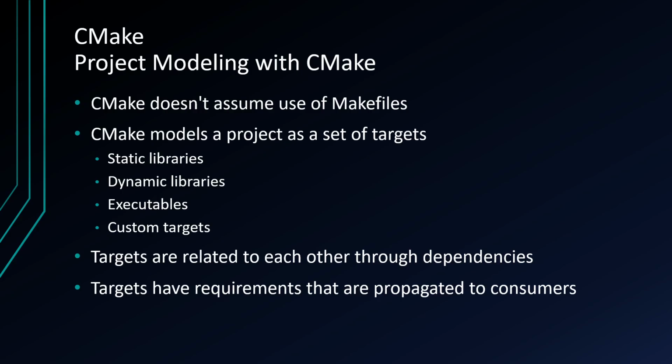So if it's a library, one of the requirements for a consumer of that library might be, where do I go and find the header files for that target library? So I'm an executable. I depend on a library like, say, libtiff, the TIFF image library. Somewhere in the file system are the header files for libtiff. I need to know where those header files are located when I'm building my executable because I need to pound include them from the library, and where they are, I'm not particularly concerned with.